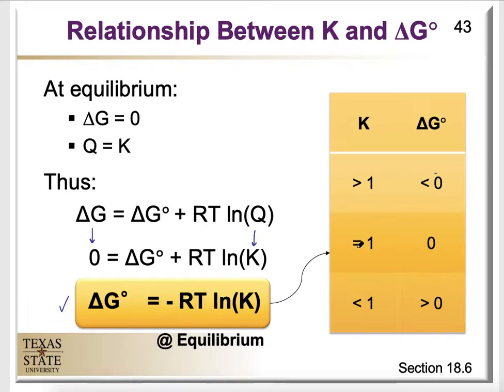Now, if the K is equal to 1, the natural log of 1 is equal to 0, and so that means that the delta G is equal to 0. That means that our Gibbs free energy change at standard conditions is going to be equal to 0. And finally, if the K is less than 1, then your delta G at standard conditions is going to be greater than 0, which means that at standard conditions, you're not going to have a spontaneous system.